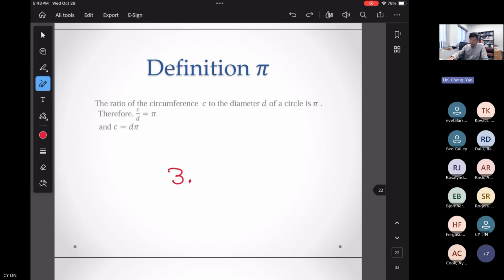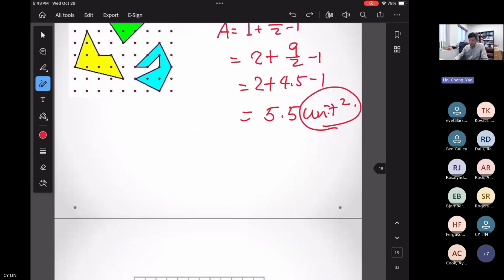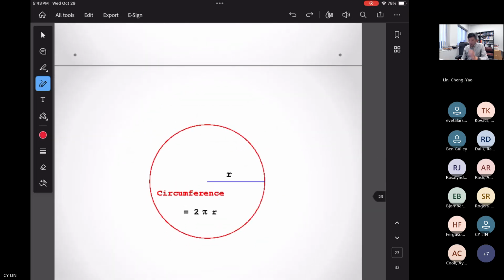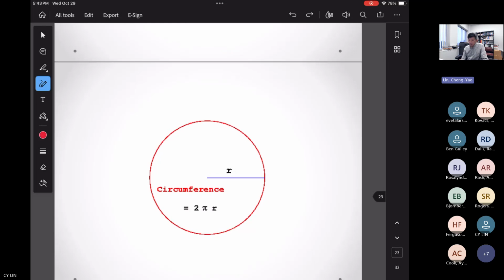Now, how do we find pi? This is a circle, right? And this is called the circumference. The length around a circle, that means the circumference.